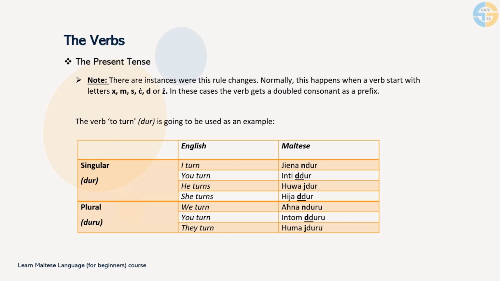Inti ddur. He turns, huwa jdur, no changes here. She turns, hija ddur. Here we have a change, the same thing, a D in front of the prefix.